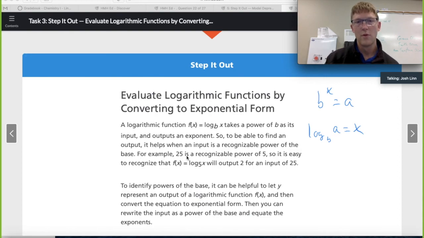For example, 25 is a recognizable power of 5. So it is easy to recognize that f of x equals log base 5 of x will output 2 for an input of 25. So that would mean if x equals 25, f of x would be 2. Because if you convert that into an exponent, 5 to the power of 2 would be 25.